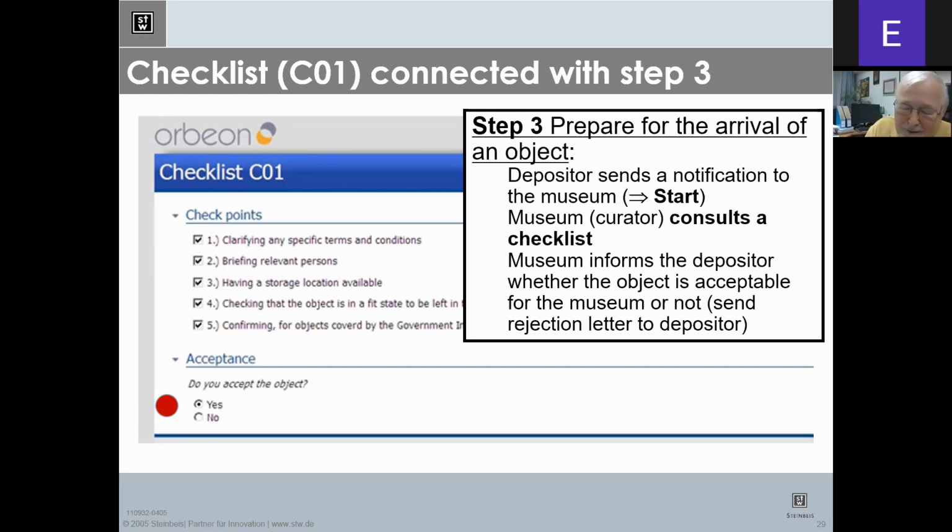Over 10 years ago I spoke to a museum director in Europe about this. He said, I will never use your system because I do not want to control my people. So that is a misunderstanding. We are doing control for quality reasons, not for punishing people. It's only for controlling the quality of a system and the service.